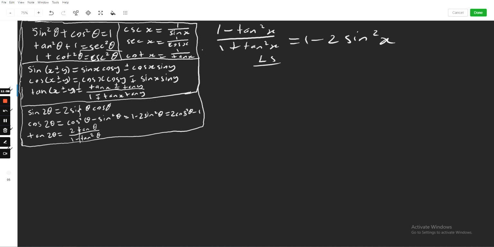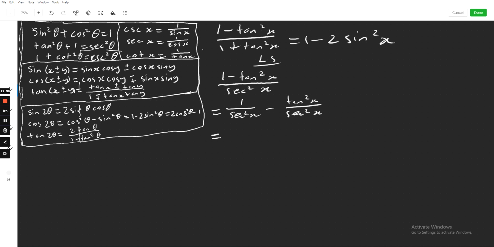There's no trig identity for that, but there is for 1 plus tangent squared x, which is equal to secant squared x. So 1 minus tangent squared x over secant squared x. We can actually split this off into two fractions, so we can make 1 over secant squared x minus tangent squared x over secant squared x.